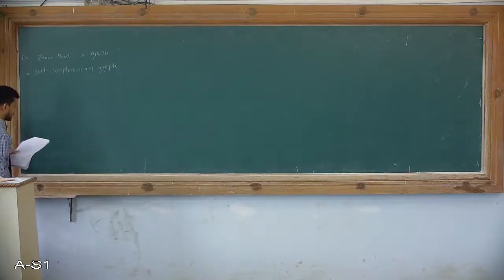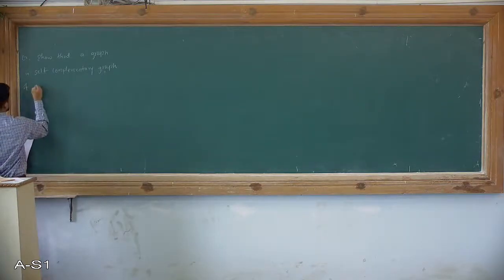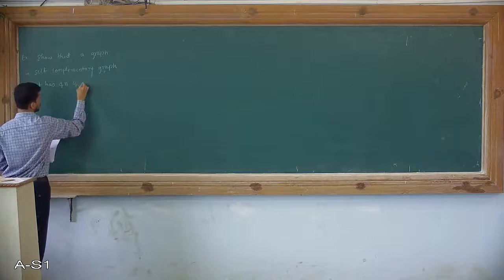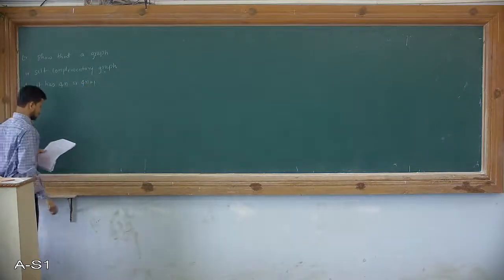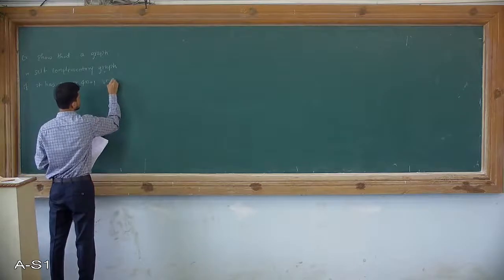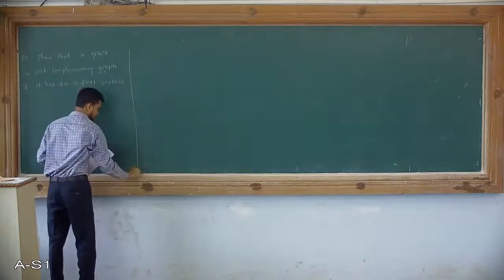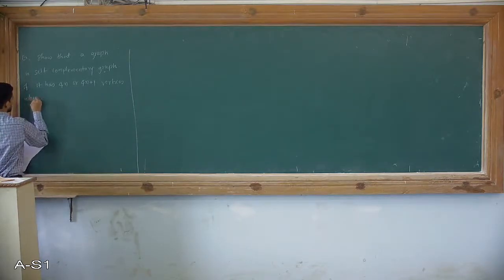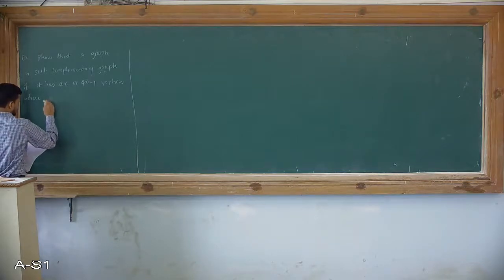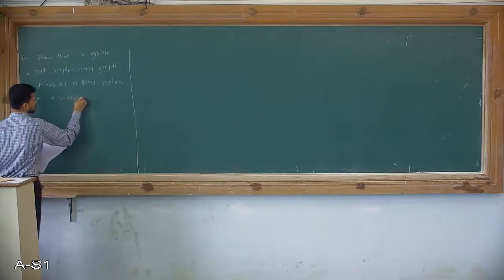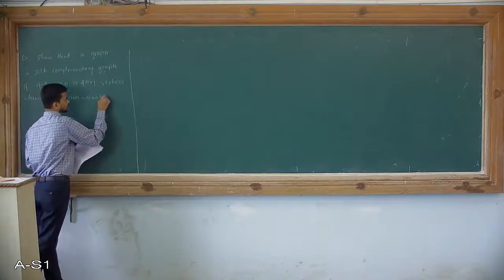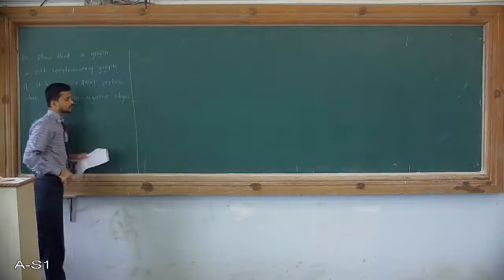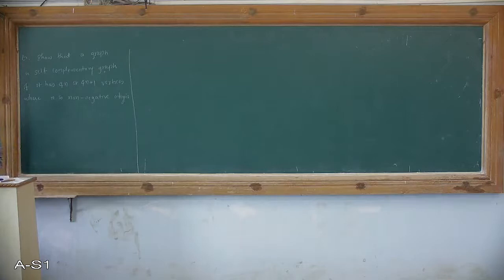A graph is self-complementary if it has 4n or 4n plus 1 vertices, where n is a non-negative integer.